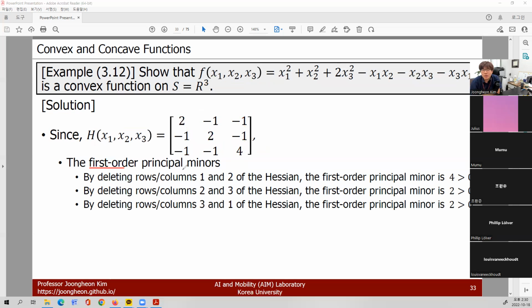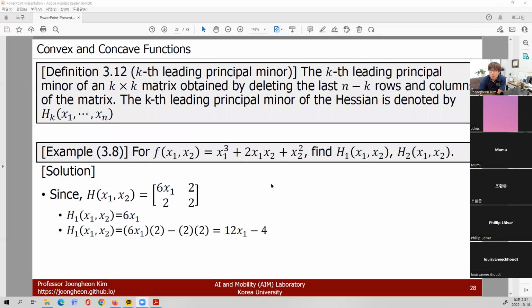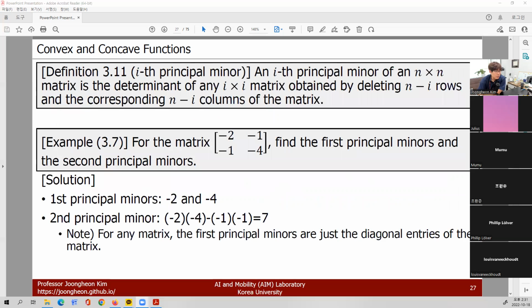Now, for the first order principal minors, I told you that you should take the diagonal entries. That's why you take the 2, 2, and 4, right? But based on the definition of the first order principal minor, n is 3 because this is a 3 by 3 Hessian matrix, and i is 1.